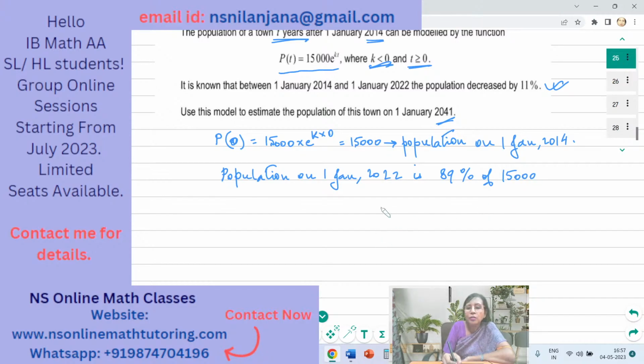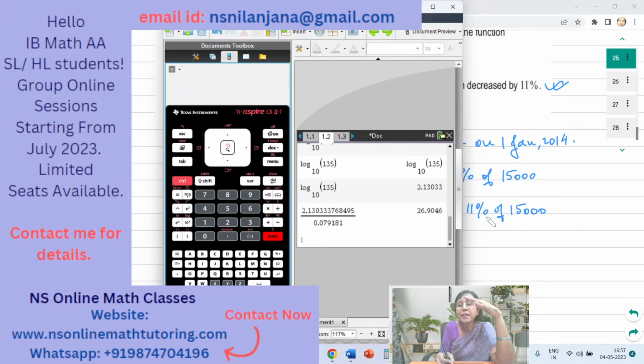or 15,000 minus 11% of 15,000. Let us see whether both of them give us the same value or not. What is 89%?